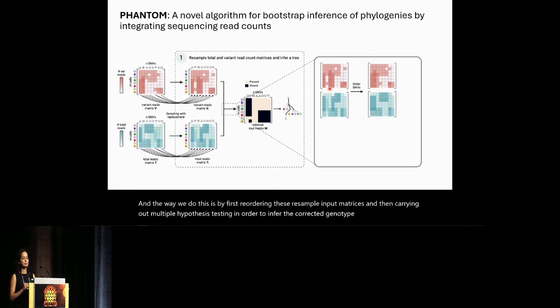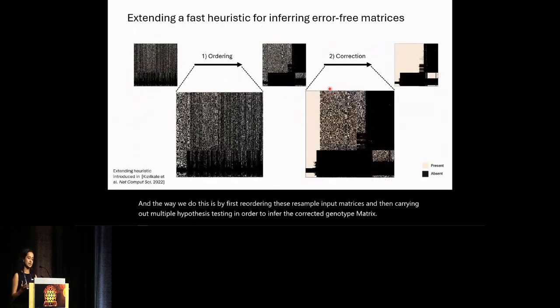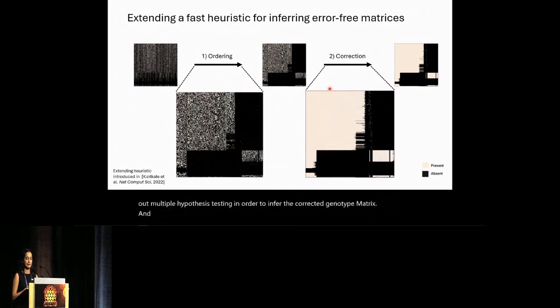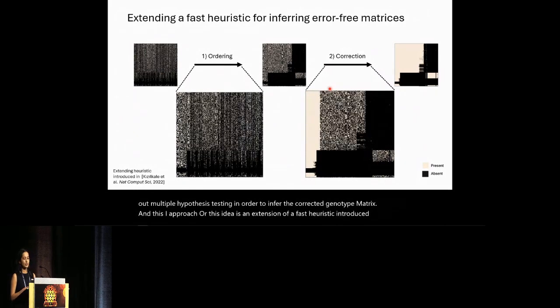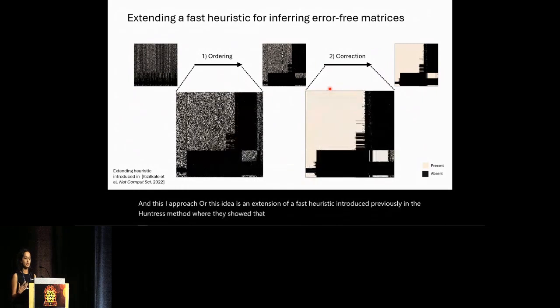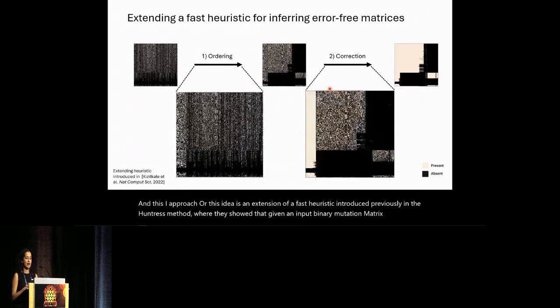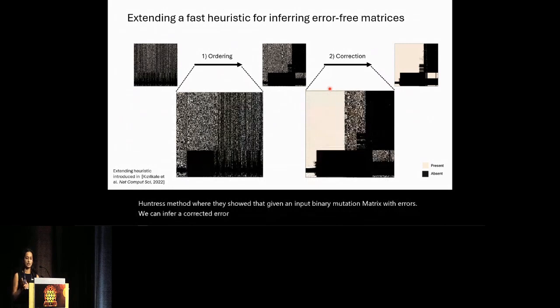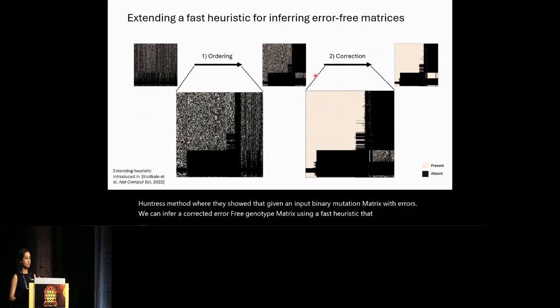This idea is an extension of a fast heuristic introduced previously in the Huntress method, where they showed that given an input binary mutation matrix with errors, we can infer a corrected error-free genotype matrix using a fast heuristic that broadly consists of two steps.